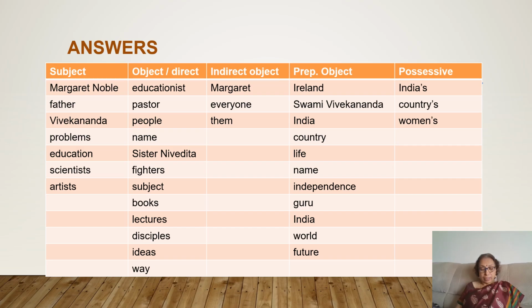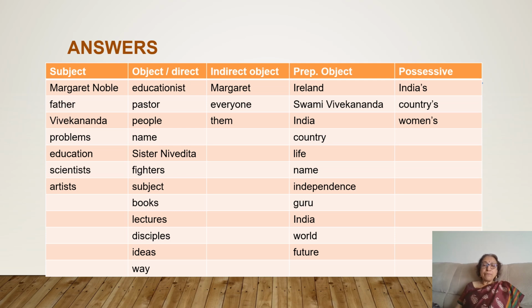Lectures also is direct object. In India, India becomes here a prepositional object, and other parts of the world, world also becomes prepositional object. Scientists, artists become subjects, and many others became her disciples. Disciples is direct object.